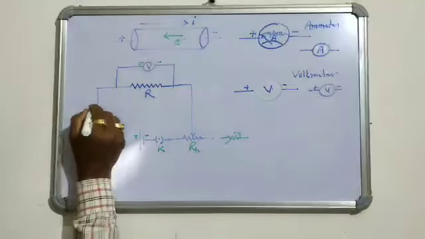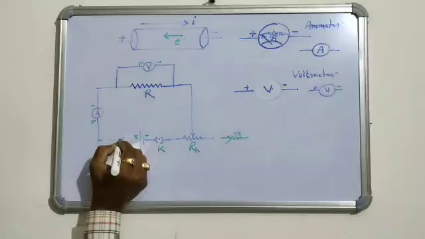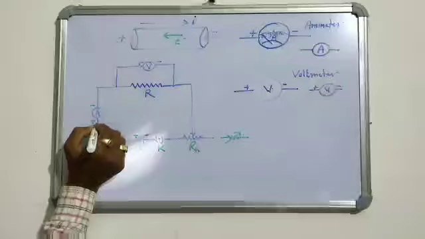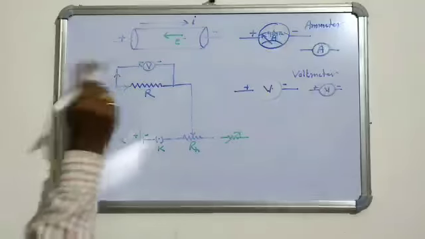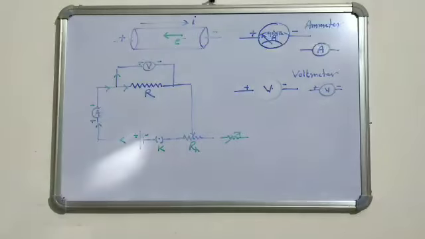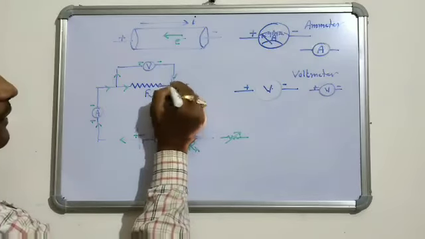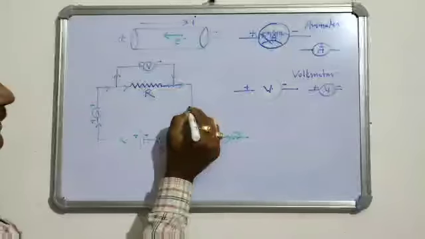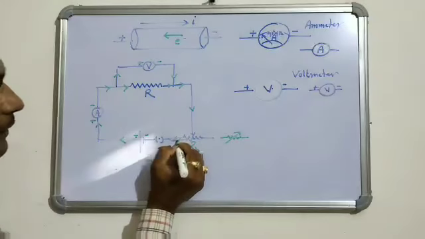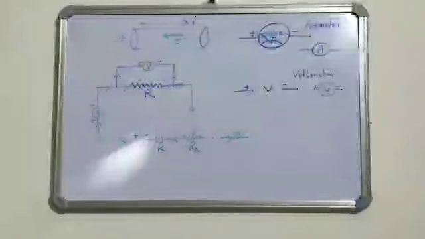Current starts from this end, moves in this direction, and here the current is divided into two parts. That's why we say the voltmeter is connected in parallel. The direction of current is this, so here is current I and this is I. This is the electrical circuit of Ohm's law.